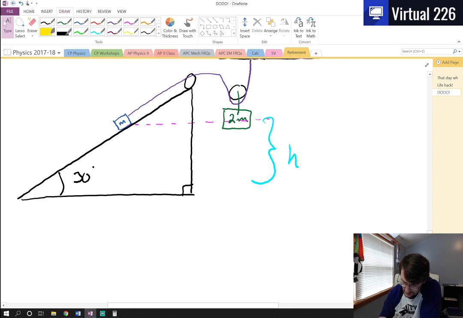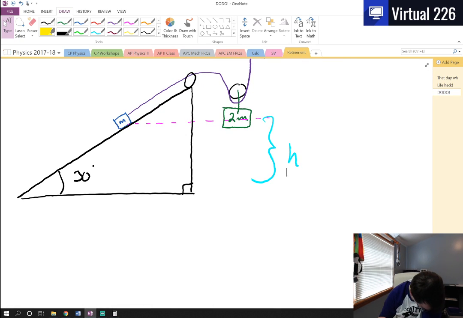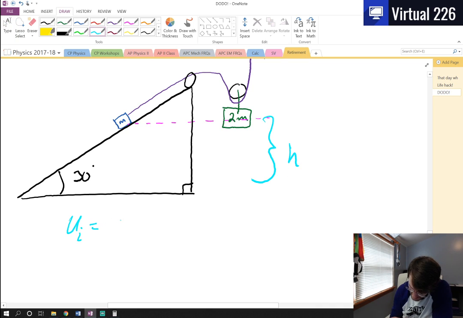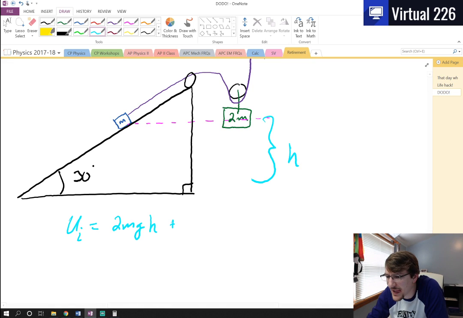Okay, so let's look at the potential energy initial of the system. We're going to get 2mgh plus, and then how high up is m here?